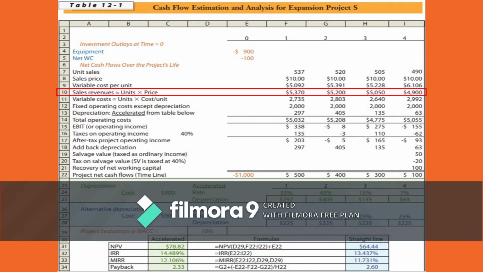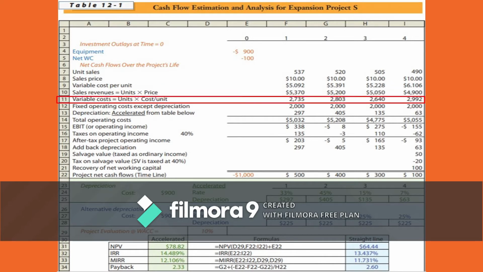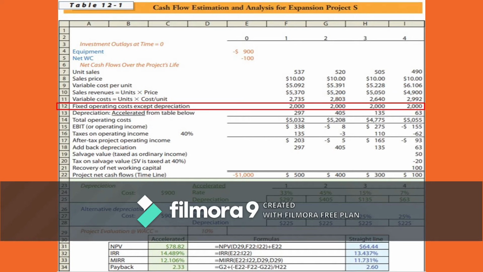Sales revenues, which are calculated as units multiplied by price, are given on row 10. Variable cost, equal to units multiplied by variable cost per unit, is given on row 11. And fixed cost, excluding depreciation, which is a constant $2,000, is shown on row 12.